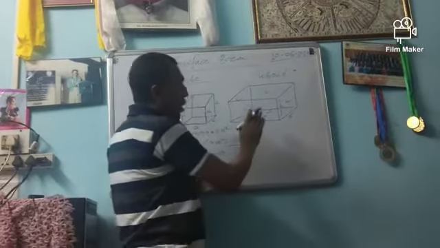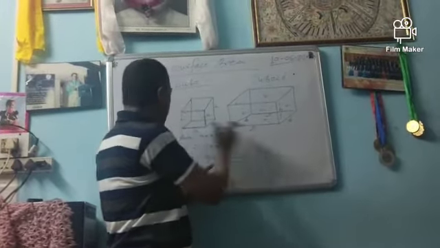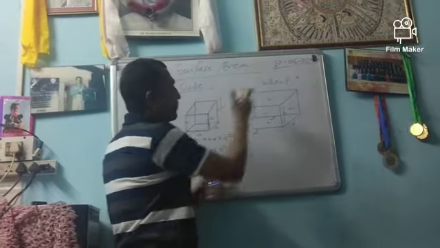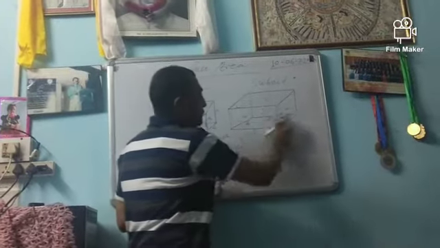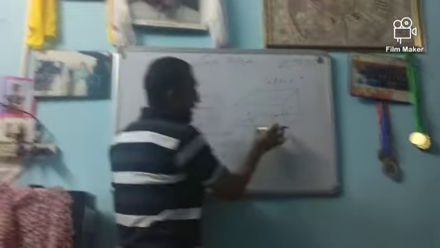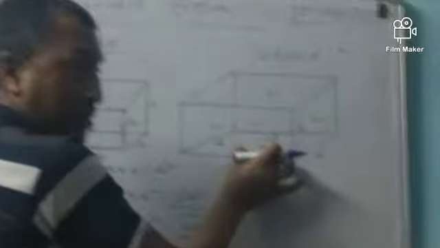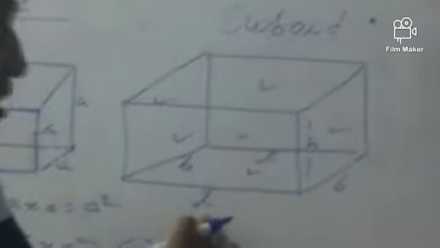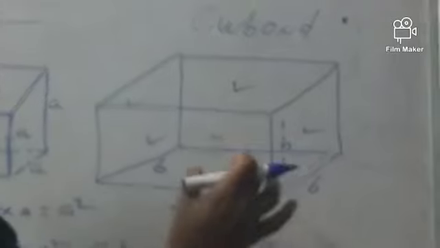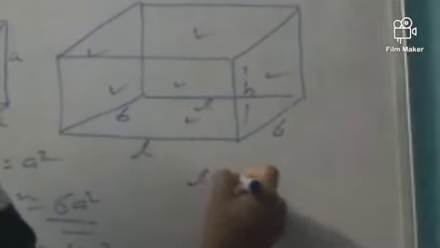Now when we talk about the surface area of a cuboid, again a total of 6 faces are there and each face is a rectangle. We know the area of a rectangle is length into breadth. So L into B, this is the first one.